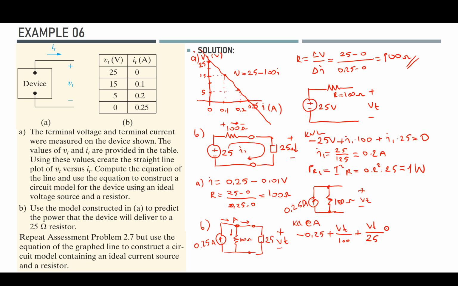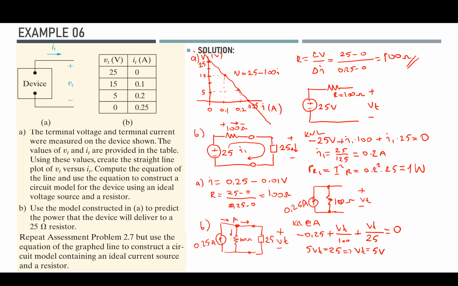And this will make 0, because the sum of the currents at node A should be 0. Since we have only one unknown, VT, if you solve this equation, we get 5 VT equals 25. So from here we obtain VT as 5 volts.